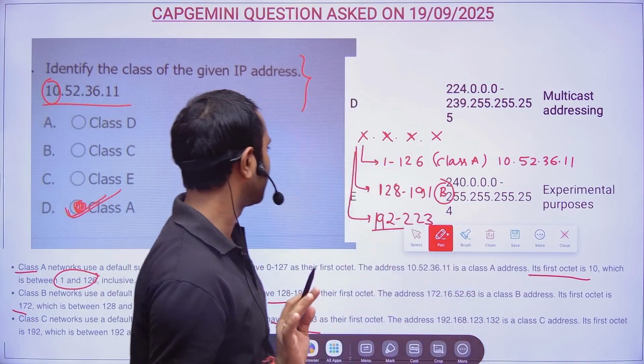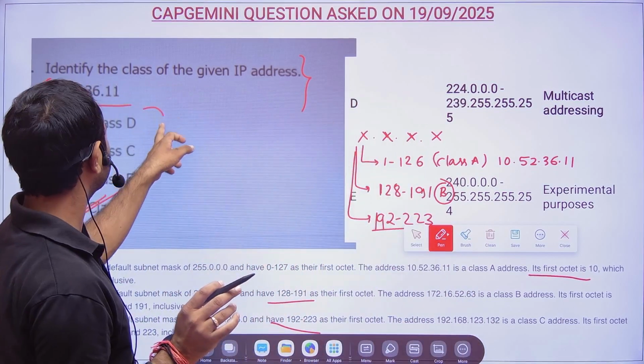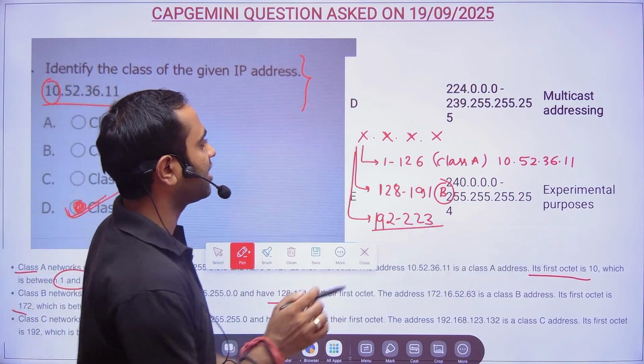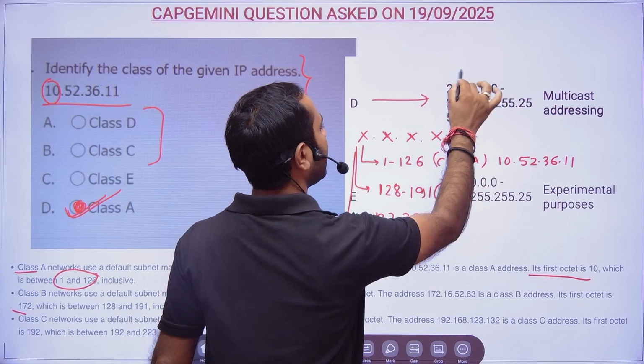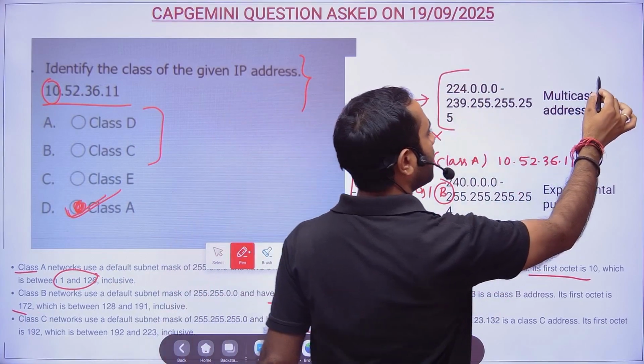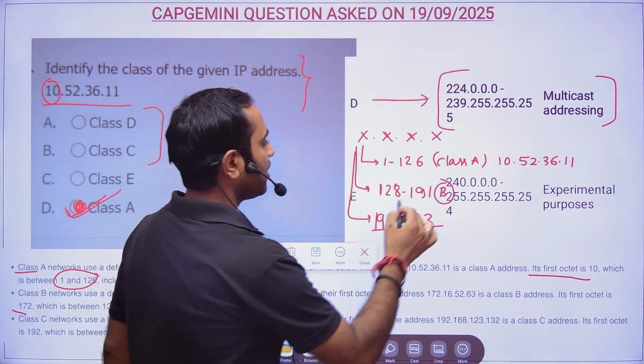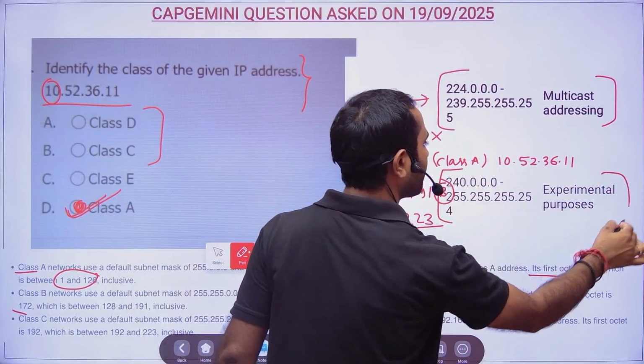Now we have two more options, class D and class E. Class D is used for multicast addressing, and class E is reserved for experimental purposes.